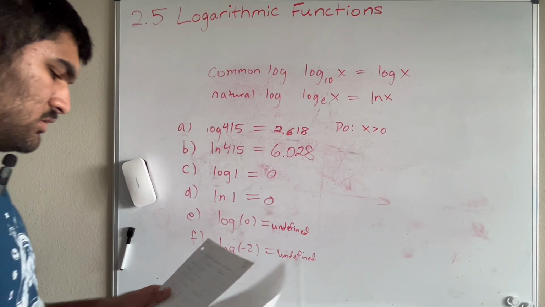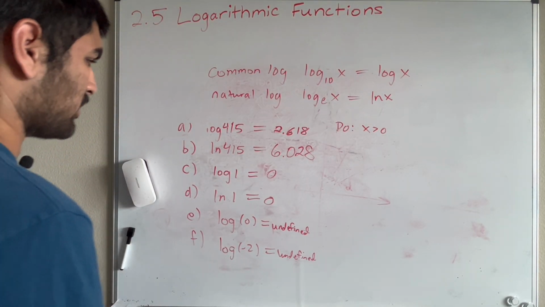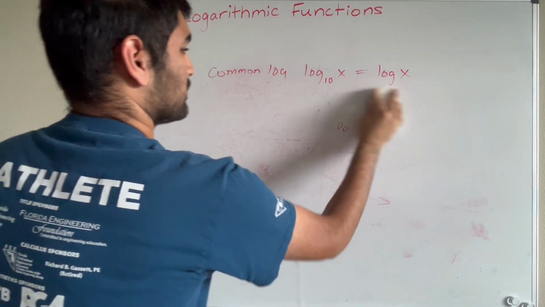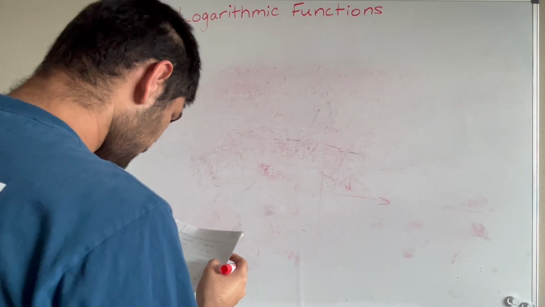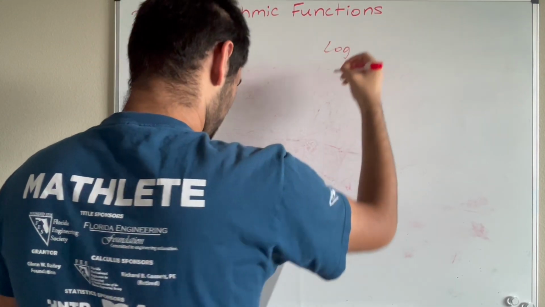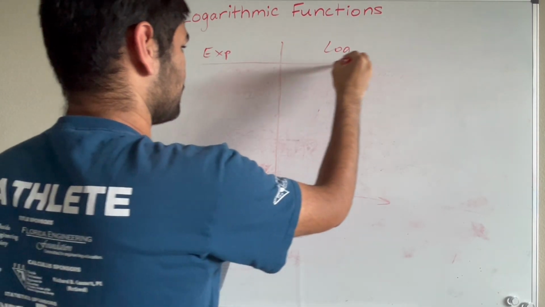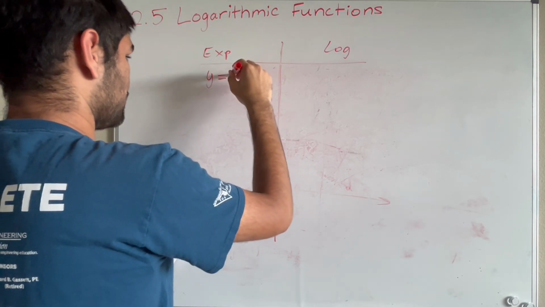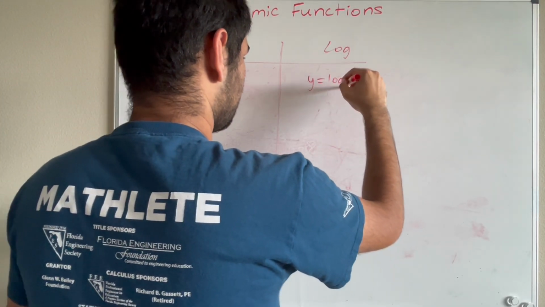All right, good. So now let's talk about the properties of logarithms a little bit more in depth, specifically their graphs. Let's say we had exponential on this side, and I'll do log on this side, and let's just make a table. Start off with the general equation: for exponential it's b to the x, and for log it's log base b of x.